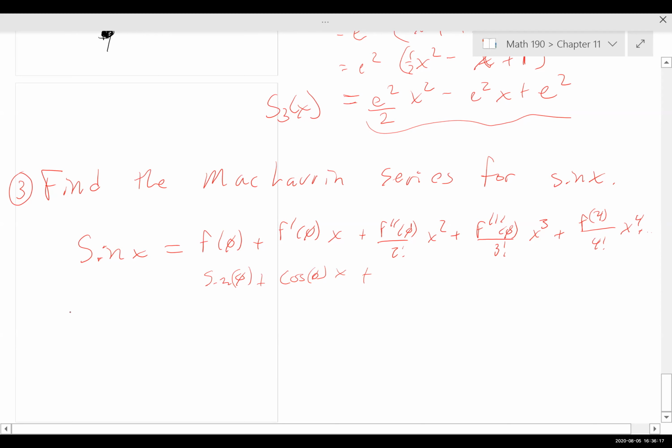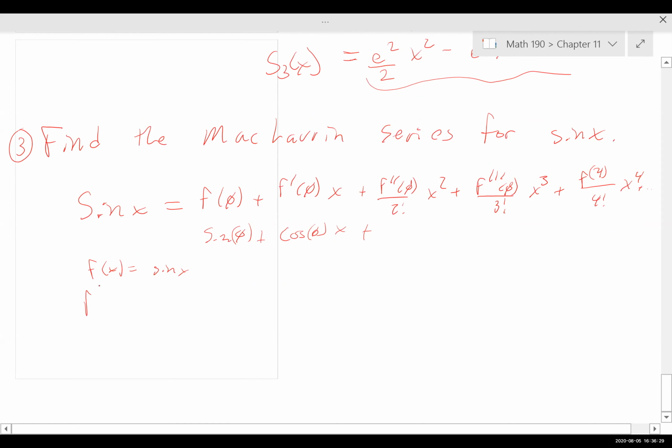So our original function f of x is equal to sine x. If I take the first derivative of this, that becomes cosine x. If I take the second derivative, that becomes negative sine x.